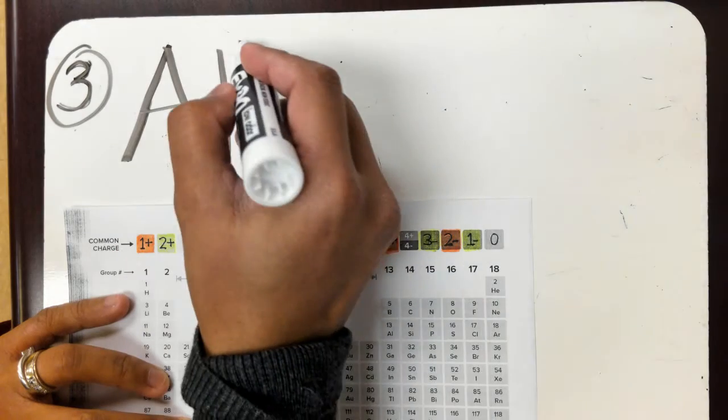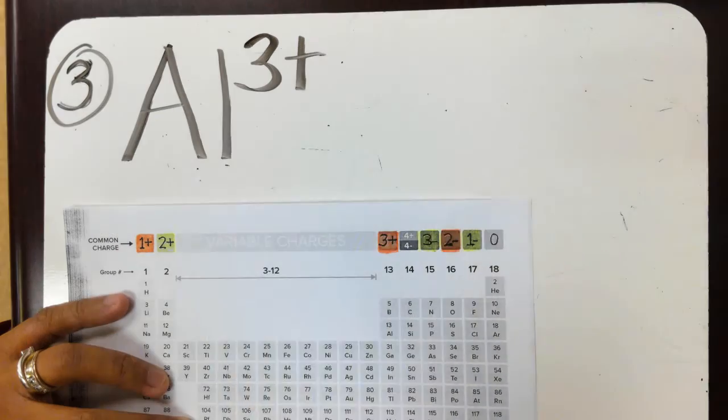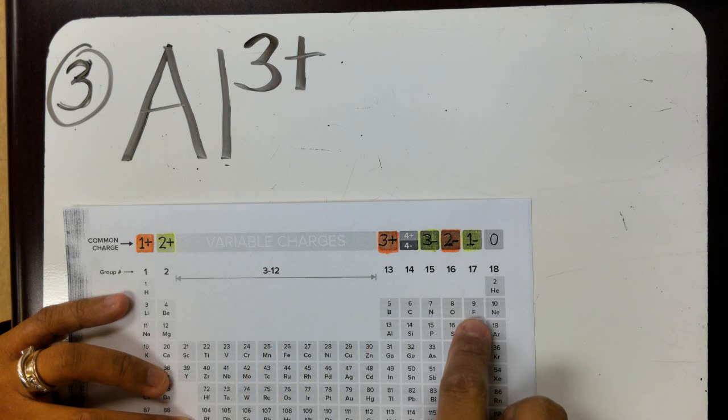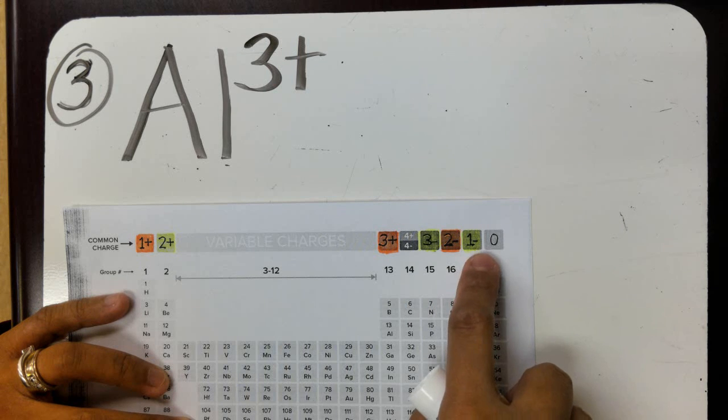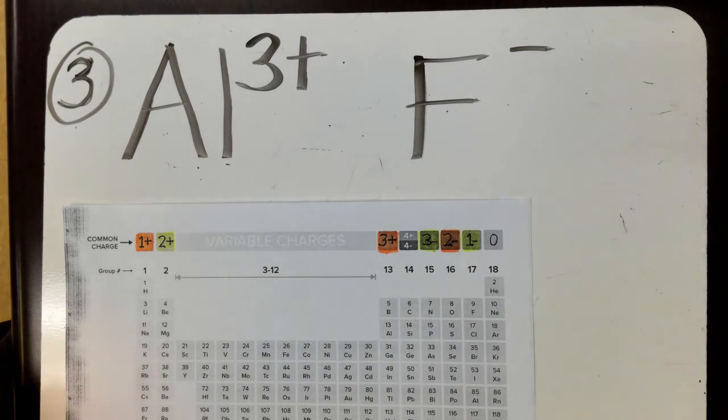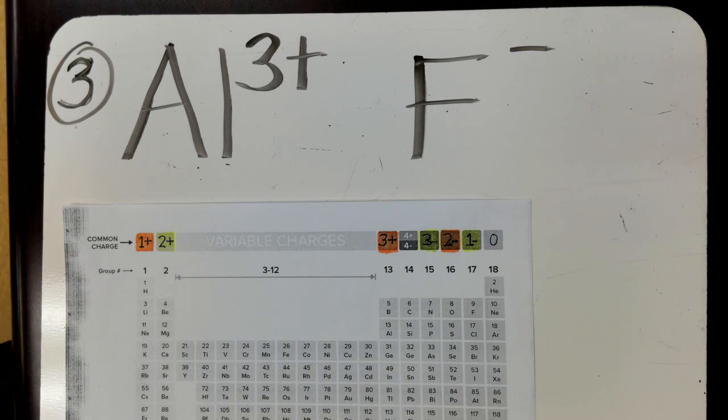So Al 3 plus. And I'll pair it up with fluorine, F. Fluorine, F, the charge is 1 minus. So F minus. Okay, F minus. No need to put the 1 there. Now, I will pause for a while and I need you to write it down on your own. What's the resulting chemical formula between Al and F when put together?